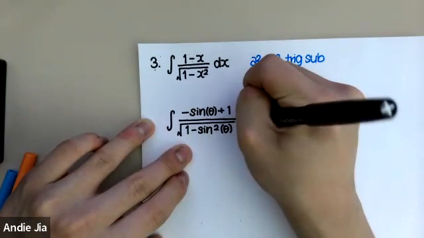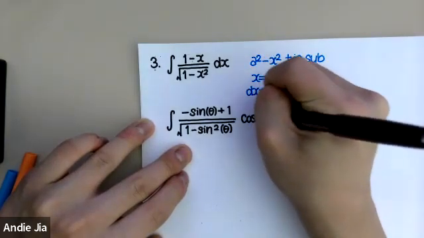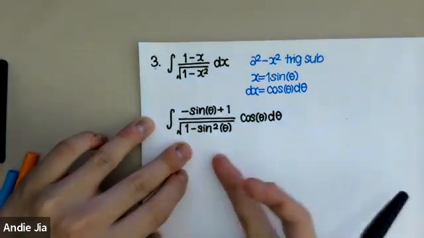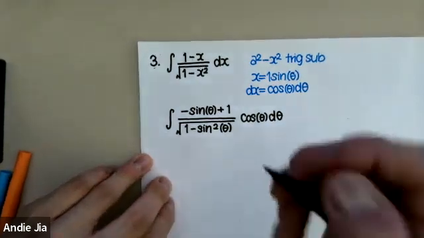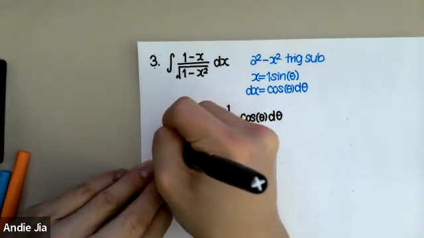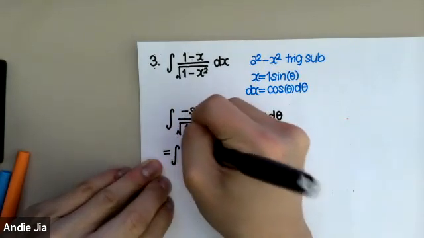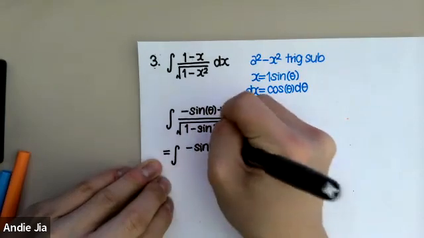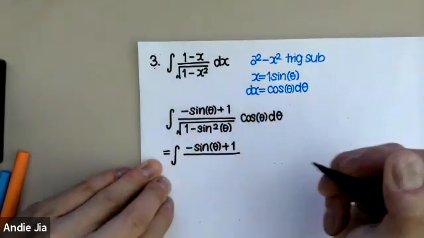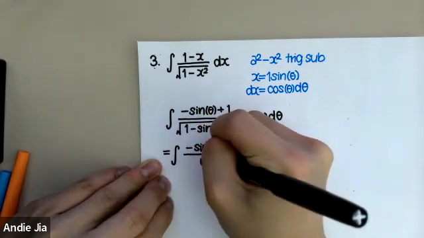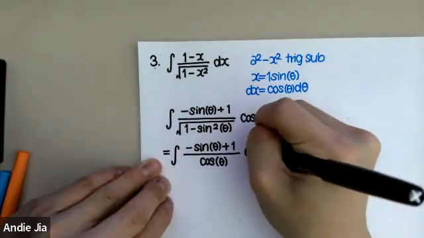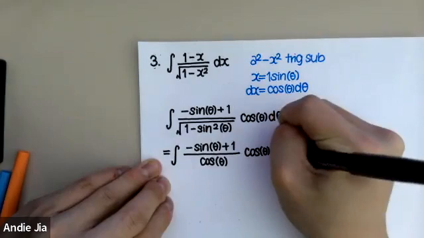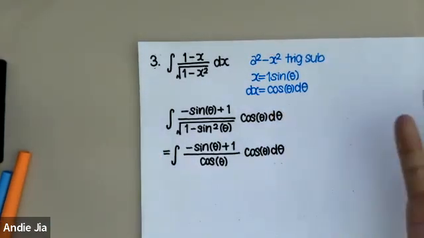And then I have this, cosine squared becomes cosine theta, then cosine theta d theta. This canceled, very nice integral, right? And then it turns out a very nice integral.